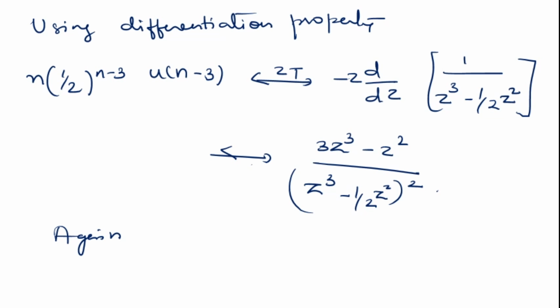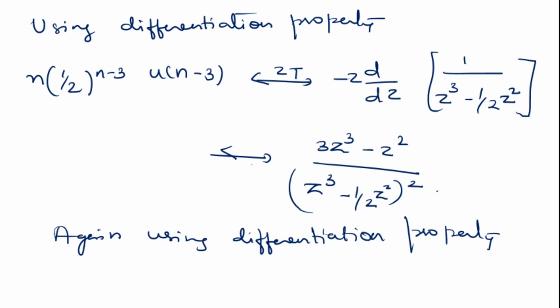Again, using differentiation property, n square into 1 by 2 to the power n minus 3 into u of n minus 3.